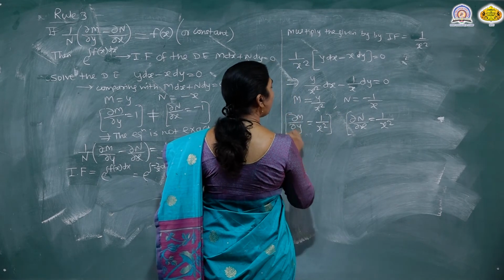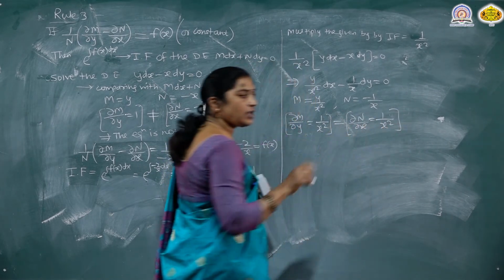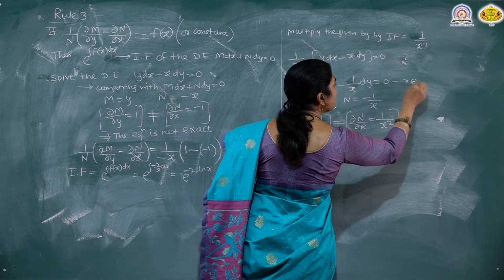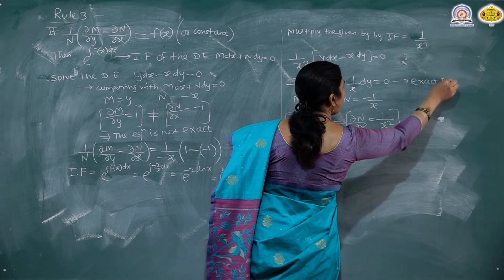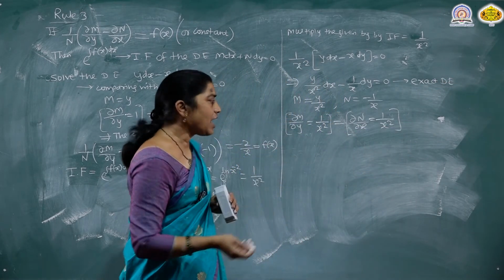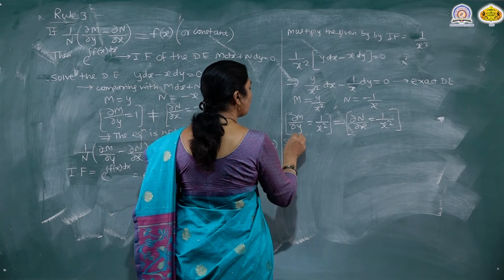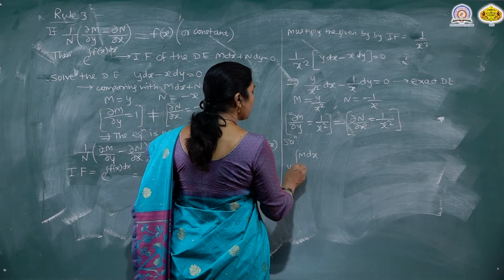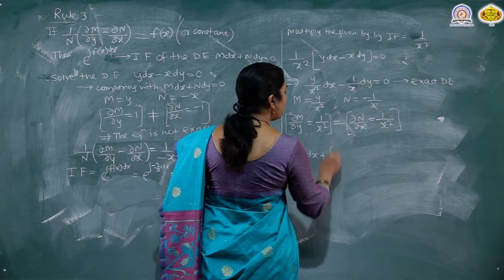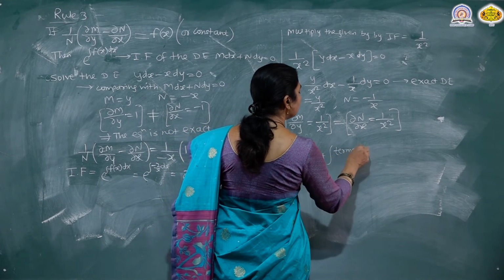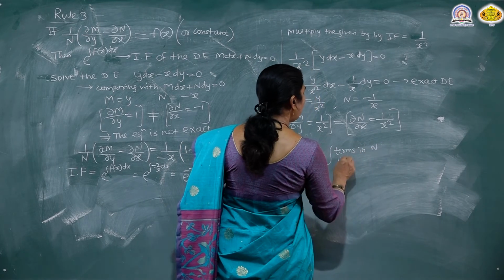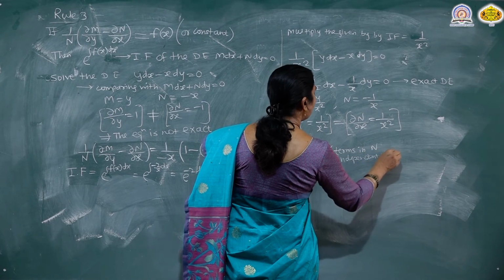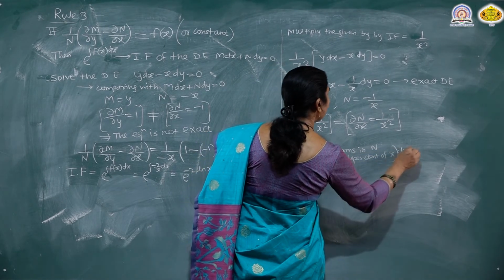Observe that ∂M/∂y is the same as ∂N/∂x, which means that now this equation becomes an exact differential equation. And once the equation is exact, the solution is integral M dx over y constant plus terms in N independent of x dy is equal to c.